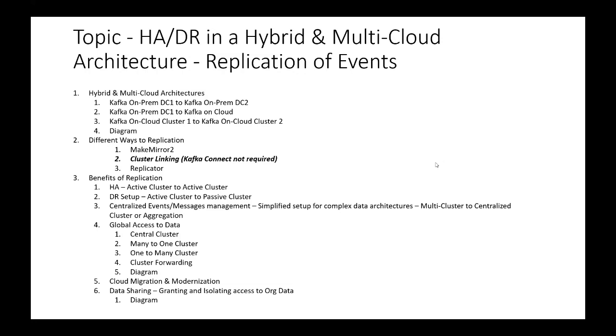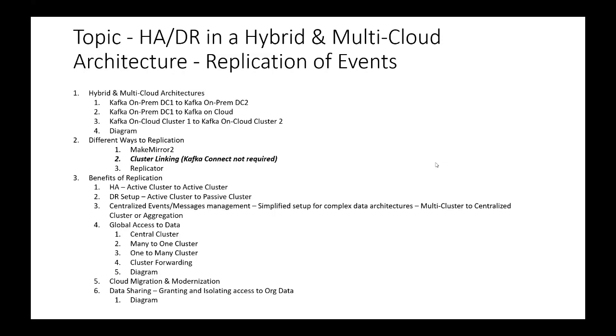There are other two ways in which you can do replication in Kafka. One is called MirrorMaker 2, and that is the Kafka replicator. The benefits of this kind of replication is you get high availability active to active. Also, you get a DR setup active to passive cluster. And the other advantage is that you can use it for centralizing events and messages, and manage the whole set of events in a centralized way.